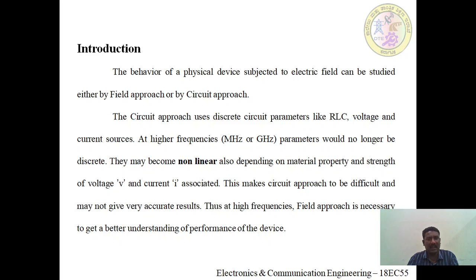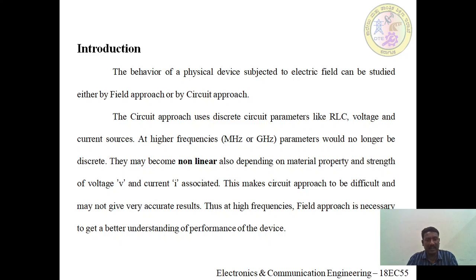They become non-linear also, depending on the material property and the strength of the associated voltage V and current I. This makes the circuit approach difficult and may not give very accurate results. Thus, at higher frequencies, the field approach is necessary to get a better understanding of the performance of the device.